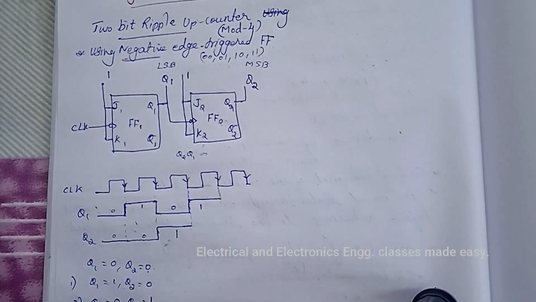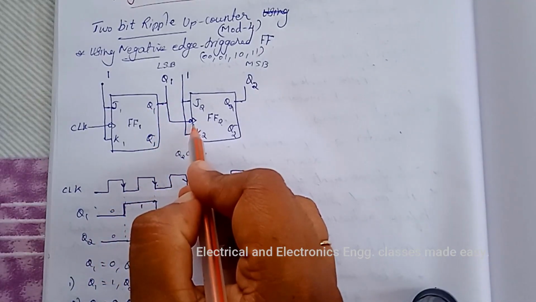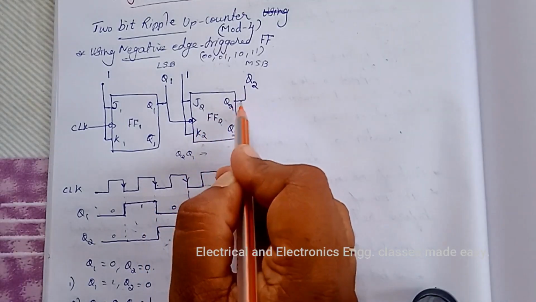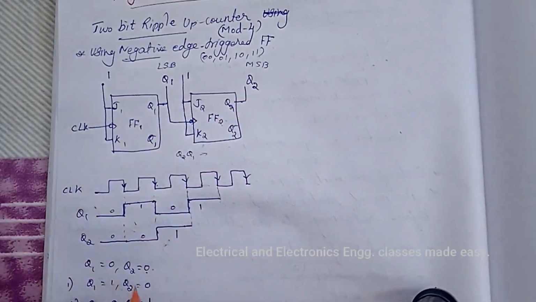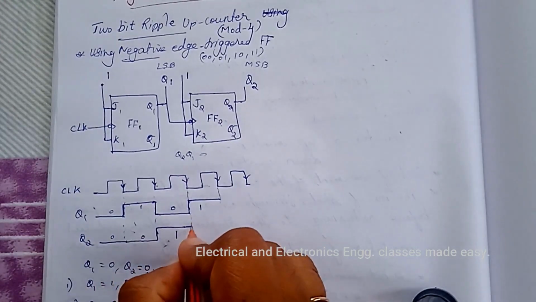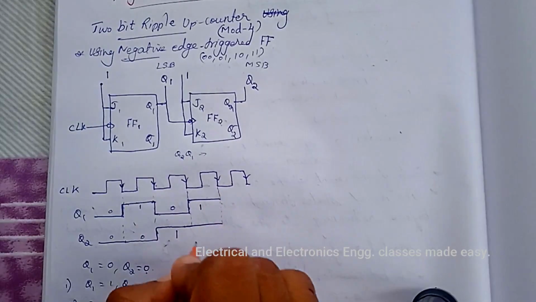This 1 is applied at the clock input of the next flip-flop, so it will not react. So Q2 will be equal to the previous state, that is Q2 is equal to 1, up to the next negative going edge of the clock pulse.